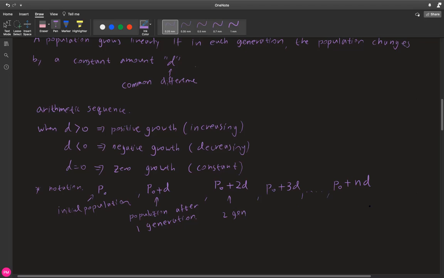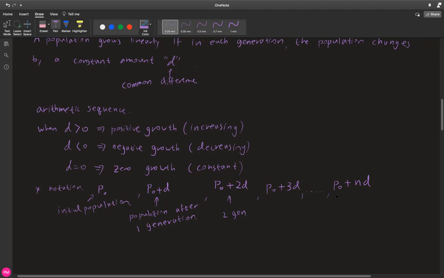So what have we created here? For any n, we can plug in some number, and in this case, this is P0, the initial population, but there's a hidden 1 here, so it's P0 plus 1D, P0 plus 2D, 3D, and so on and so forth, and each n actually represents the population after that nth generation.